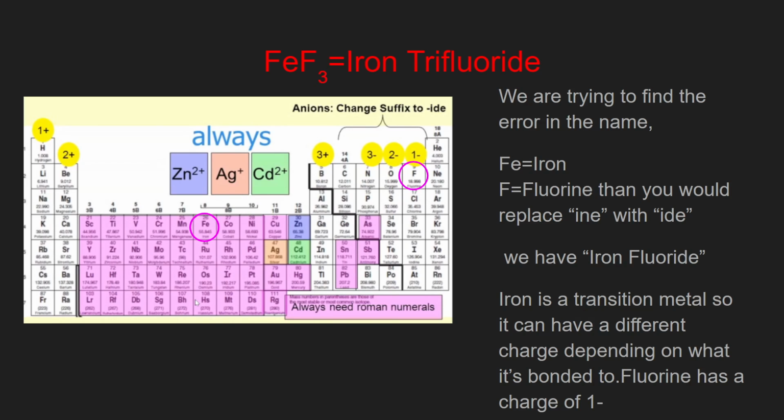This would mean that F has a charge of -1, and Fe's charge is different depending on what it is bonded to.